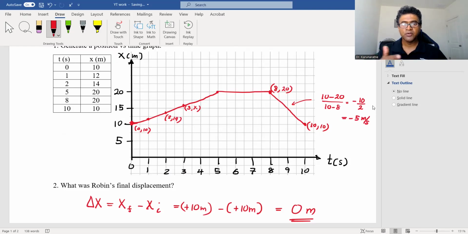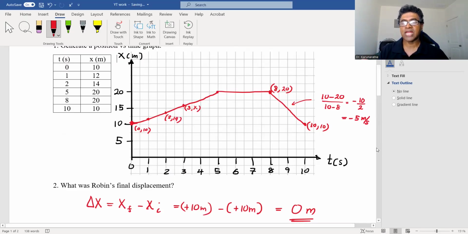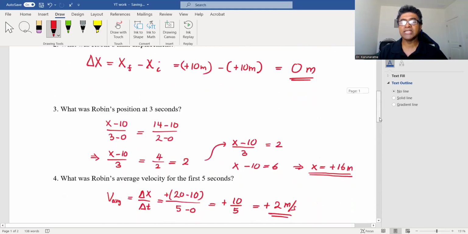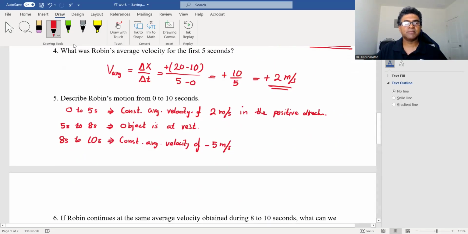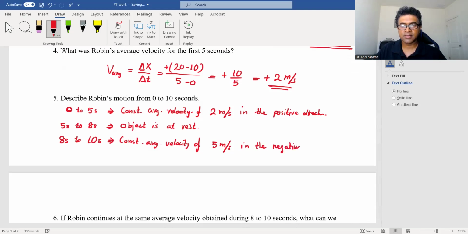So from 8 seconds to 10 seconds, the object is moving with a constant average velocity of minus 5 meters per second. Or you could say, instead of putting the minus sign, to be consistent with what I have done from 0 to 5 seconds, 5 meters per second in the negative direction.